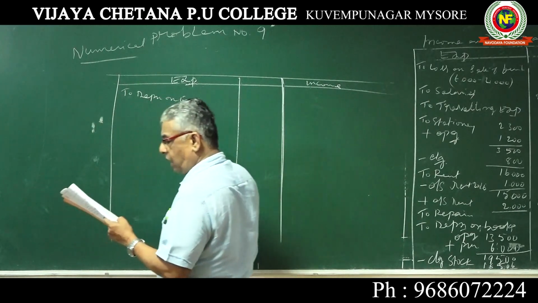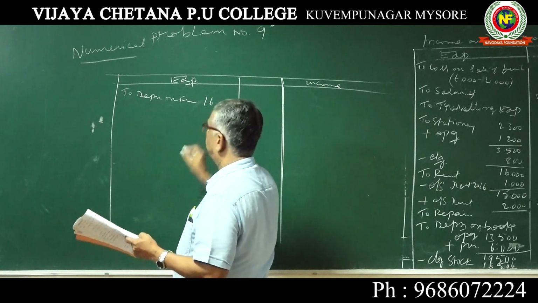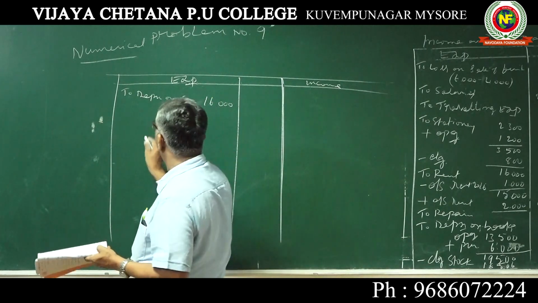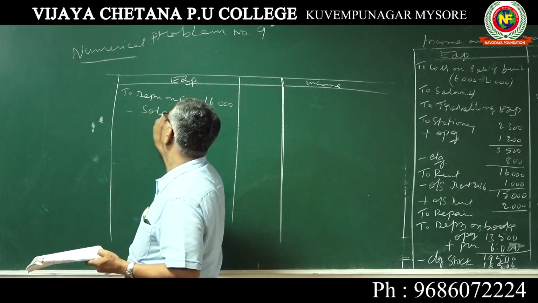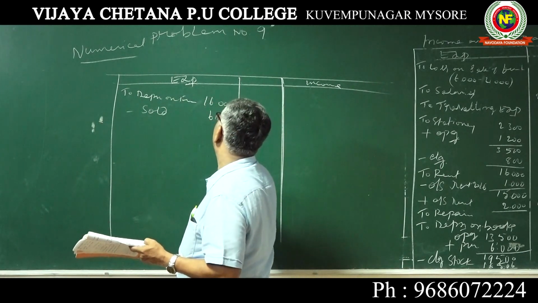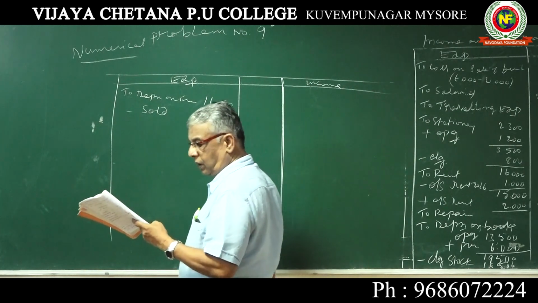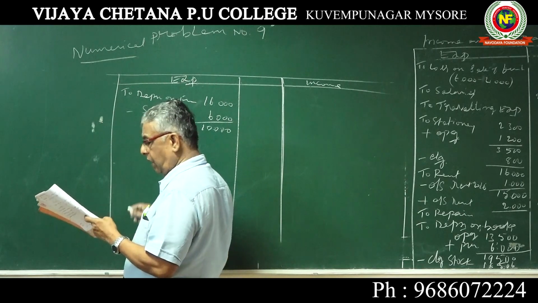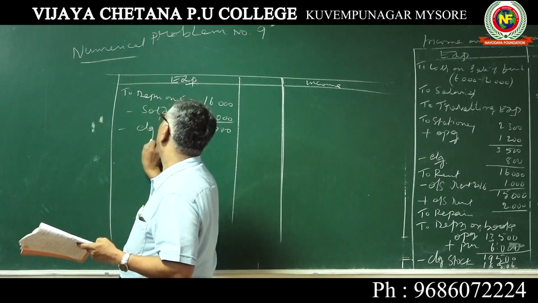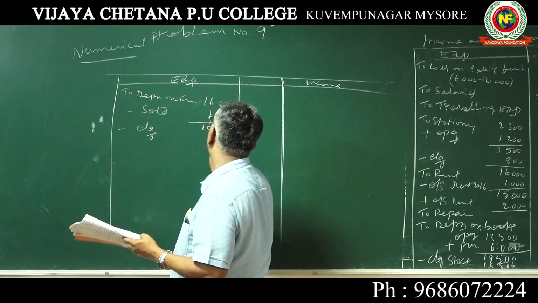Depreciation on furniture. The furniture opening balance is 16,000. Less sold furniture 6,000 rupees, so we are having 10,000 rupees. Less closing, that is 8,000 rupees.